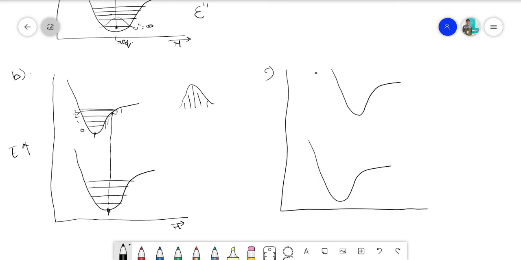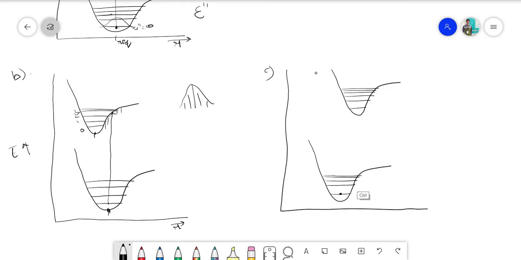Now if I have energy levels like this, and here I have the energy levels like this, and from here I want to do a transition to the higher excited state, there will be a vertical transition.